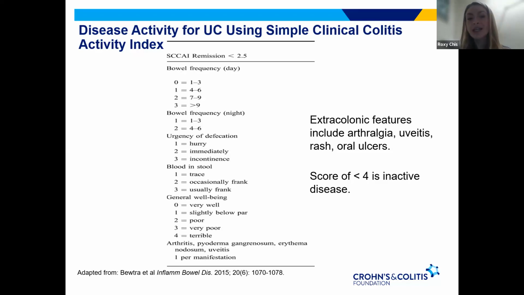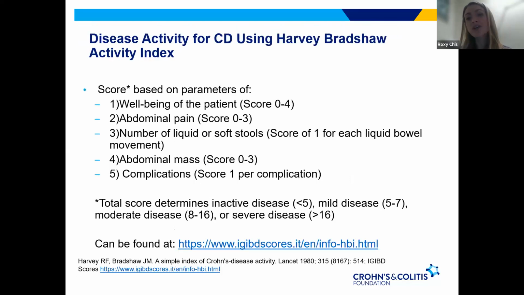They're normally very right. And then for Crohn's disease, the questionnaires are a little bit different because the manifestations are a little bit different. And so, as I mentioned previously, they can present with abscesses or abnormal connections between bowels. And so here too, we ask about well-being.